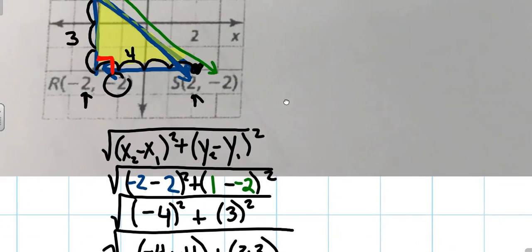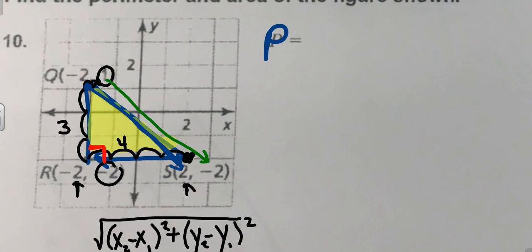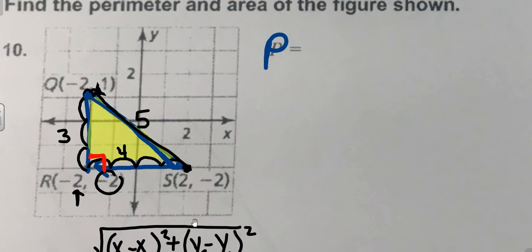So all of that gives us this distance right here. Just going to erase this and make it a little cleaner for you to see. This distance from here to here is 5 units. So the perimeter, to find the perimeter, we simply add.